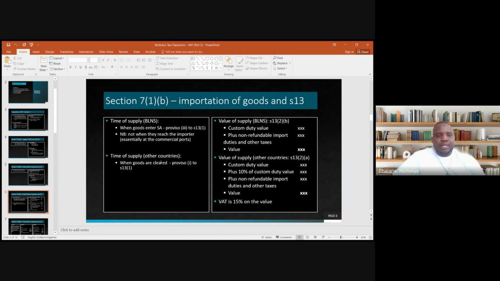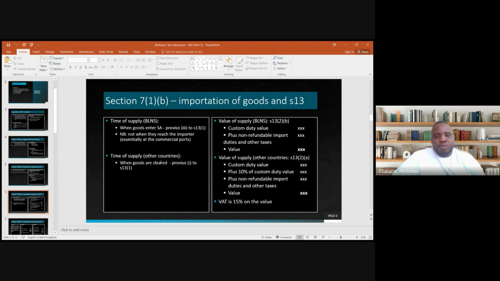Note that it is not when they reach the importer, all right? Essentially, the moment the goods arrive at the commercial port, that is your time of supply.